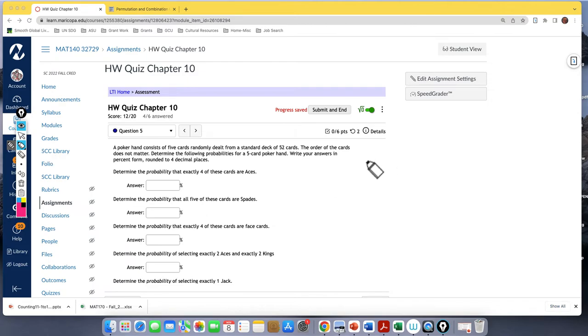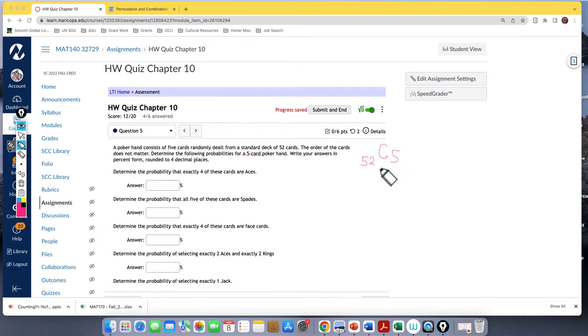Well, how many cards are there? 52. How many are going to get used in a hand? It's a 5-card hand, so there's 5 cards. And obviously, since you deal them out of the deck, you can't repeat a card. You can't get the Queen of Hearts twice. But since the order's not important, that's a combination rather than a permutation. So what we're going to do is calculate this.